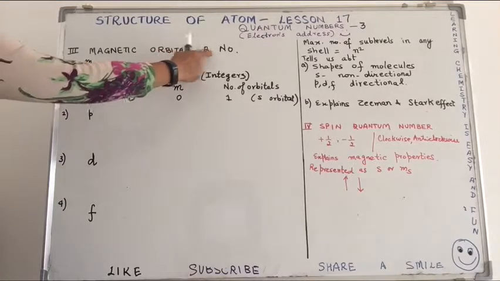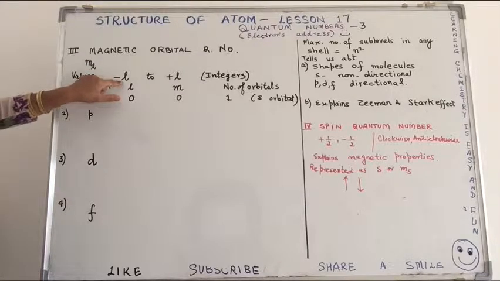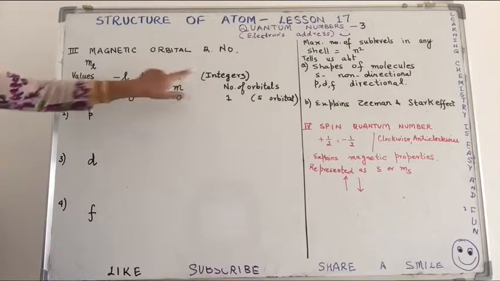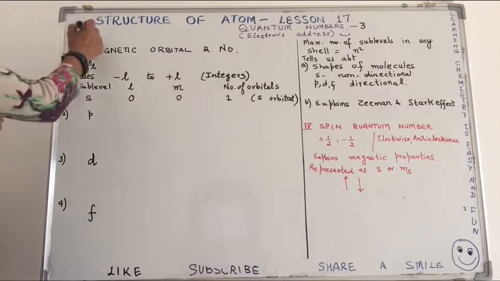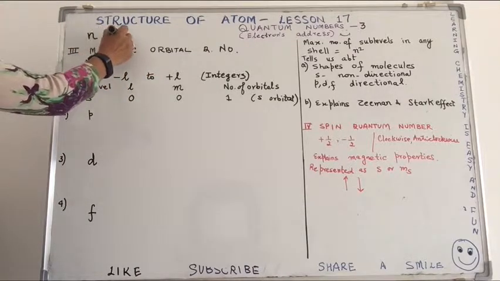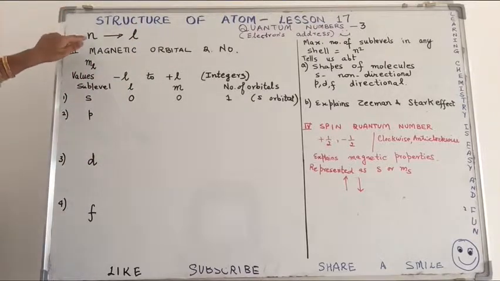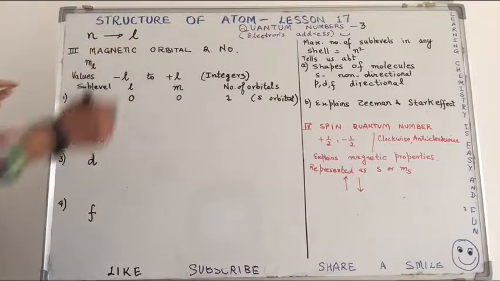The magnetic orbital quantum number is denoted by ml. Its values range from -L to +L, all integers included between the two. Now, if you notice, the value of n gave us the value of L, that is, the number of the orbit helped us decide the number of sublevels in any orbit.